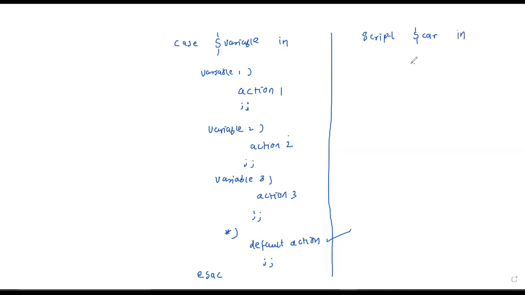And what is the action? Suppose we enter Santro. Santro will be variable. Then we want to display the cost of the Santro car. So this was the script.